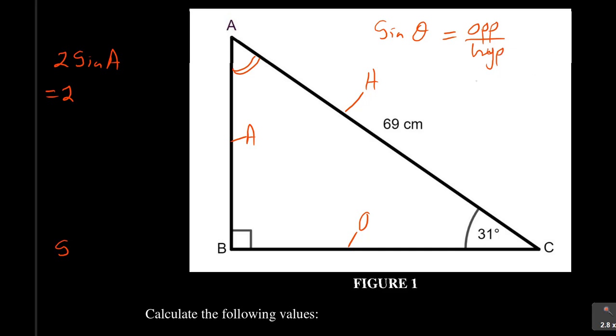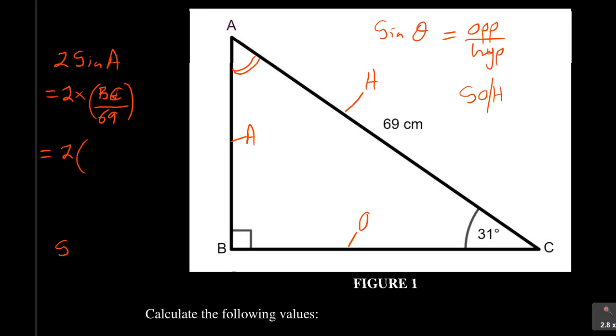Remember, you use the word SOHCAHTOA, so sine theta is opposite over hypotenuse. So here we're saying 2 times, our opposite you can see is BC in this case, over our hypotenuse, which is 69.